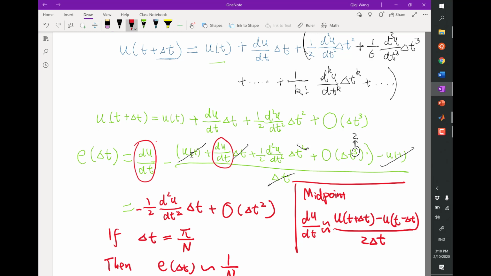So do we have to expand both? Yes. I guess it's a minus.